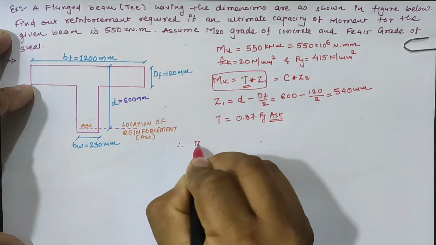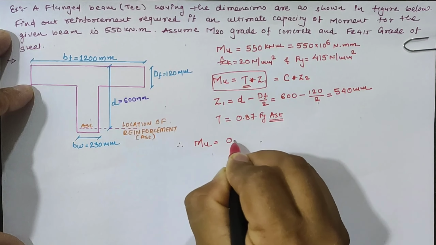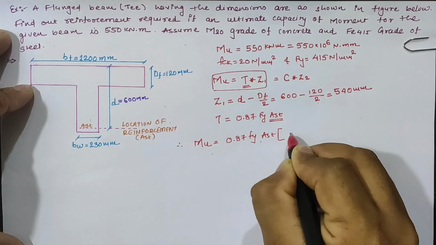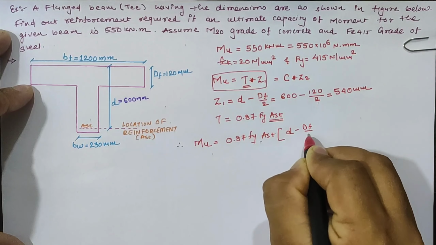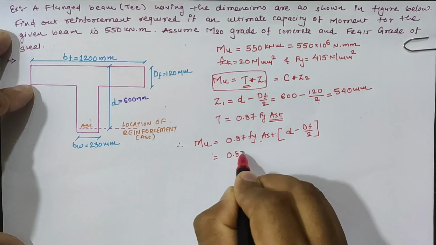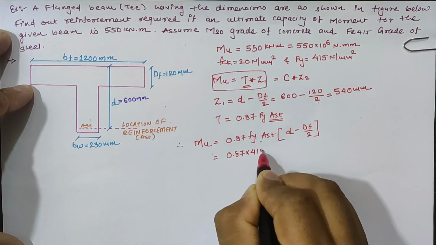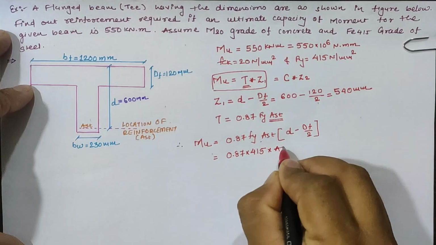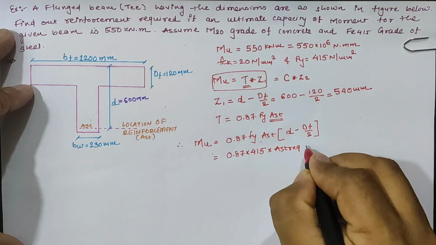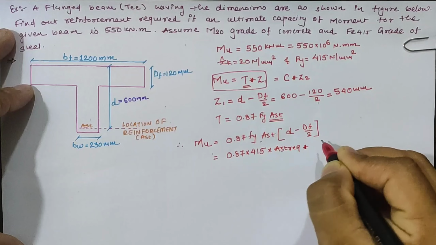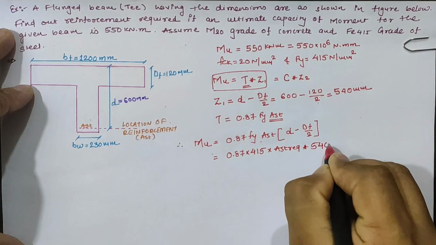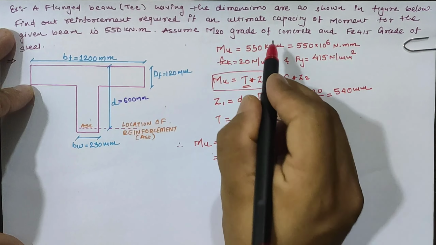Hence our equation is Mu is equal to 0.87 Fy AST into D minus Df by 2 as lever arm. So Fy is given as 415 Newton per mm square, AST as required value of steel reinforcement, 540 as lever arm, and moment is given as 550 kilonewton meter.